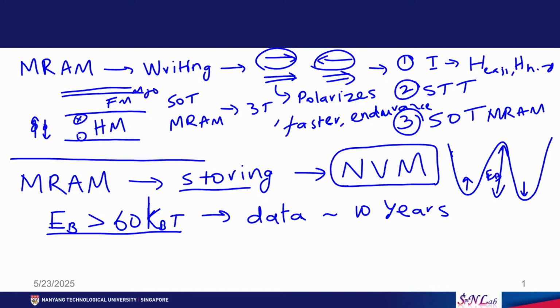So, we learnt about two types of MRAM. One is called in plane MRAM. The second type is called perpendicular MRAM.